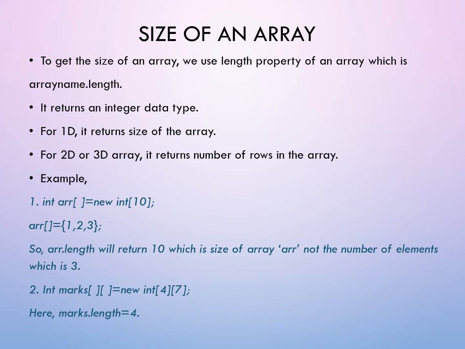Similarly, int marks, here is a typo, the i should be in small letter, not in capital. Int marks equals to new int 4 7. So here marks dot length equals to 4, which means there will be 4 rows. So marks dot length will give us the number of rows in the 2D array.